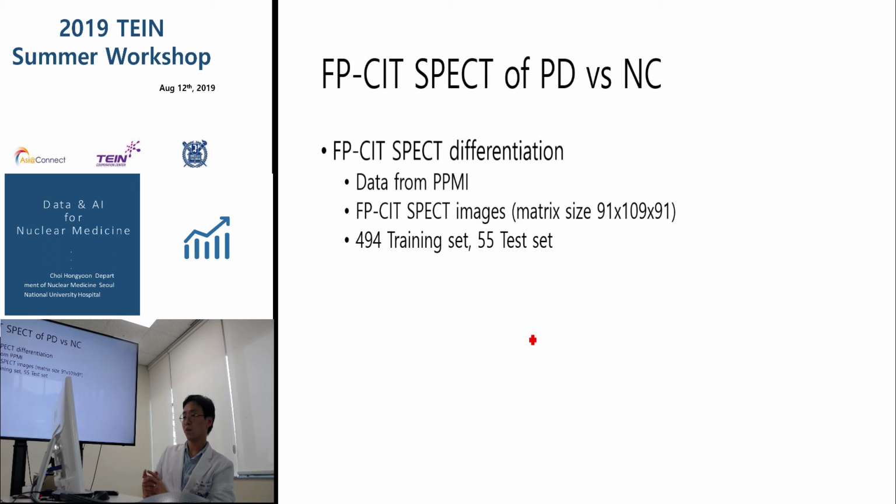It consists of FP-CIT SPECT images with more than 500 data sets. I randomly divided these data into the training set and the test set. The matrix size of this data is 91 by 109 by 91.